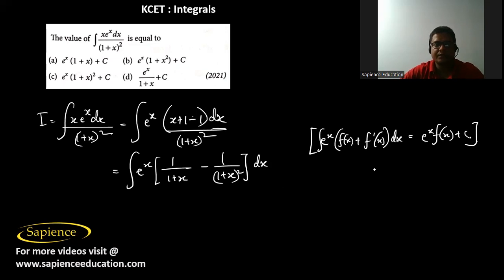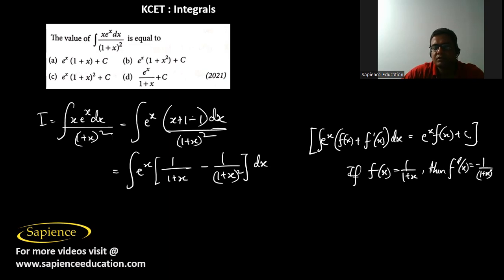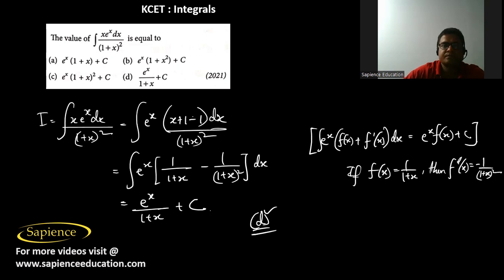If we take f of x as 1 by 1 plus x, then f dash x will be equal to minus 1 by 1 plus x whole square. So this can be written as e power x by 1 plus x plus c. So option D is the correct answer.